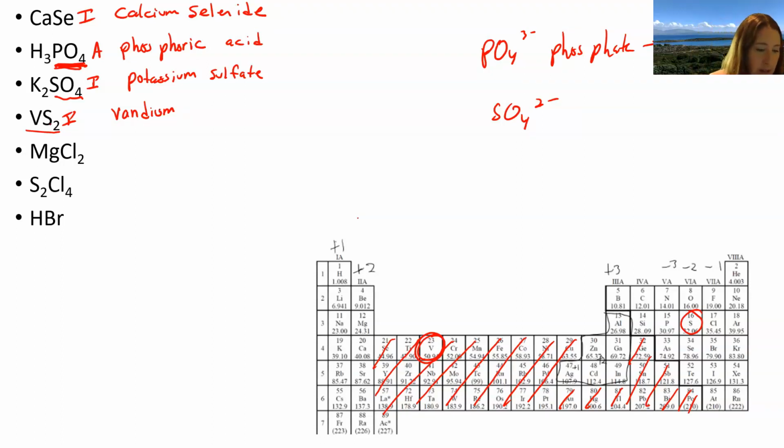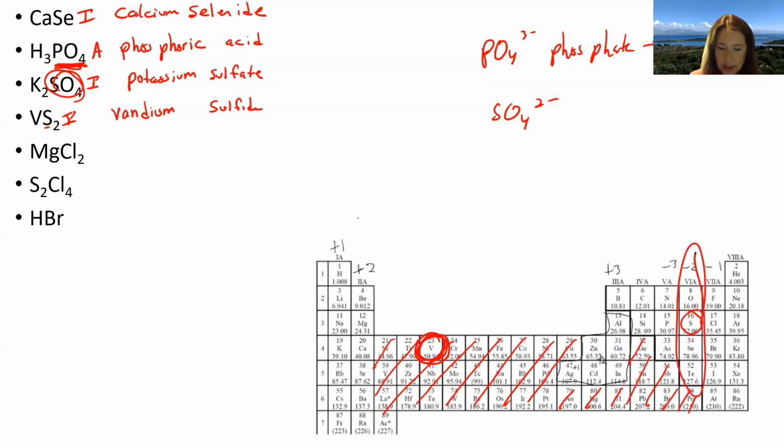So vanadium, sulfur, straight from the periodic table, so it's sulfide. Did you see how this one, polyatomic ion, sulfate, and this one, periodic table, IDE? IDE means from the periodic table. Now vanadium's in the middle, Roman numerals, okay.